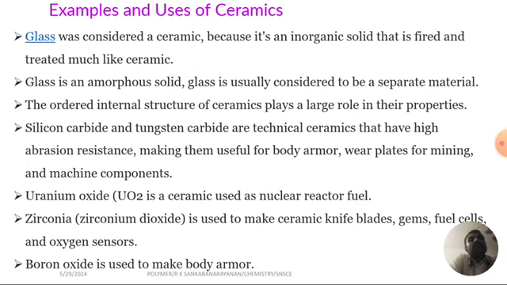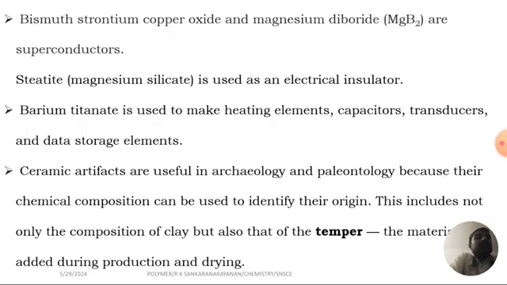Another one is boron oxide, which is used to make body armor. And a lot of things use zinc oxide and boron oxide. These materials are useful for this type of armor. And bismuth, strontium, and copper oxide, magnesium diboride are superconductors.